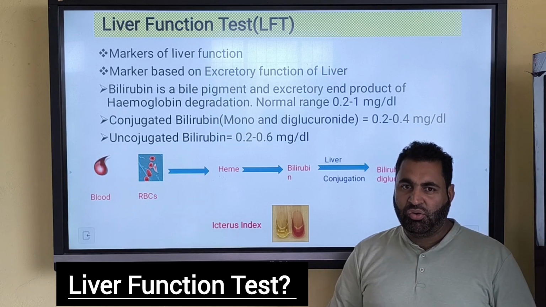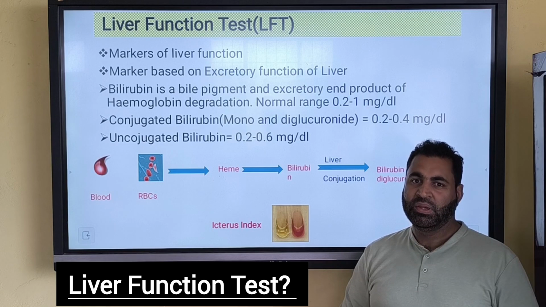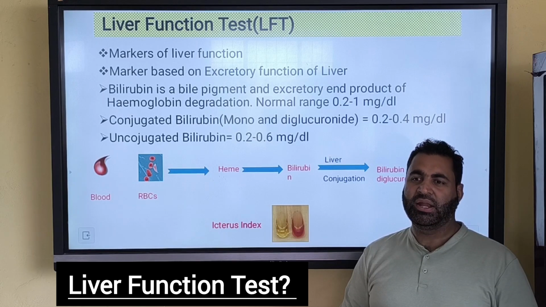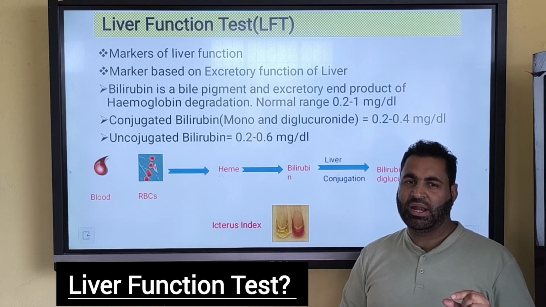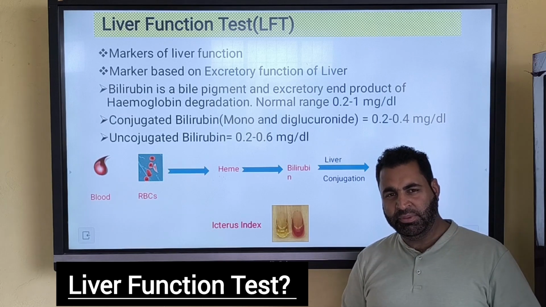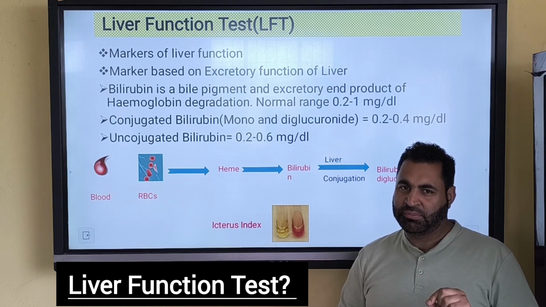So till now we get one important piece of information. Bilirubin is the excretory product of heme that is produced from red blood cells. After red blood cells are destroyed by any means or any mechanism, we have bilirubin production.